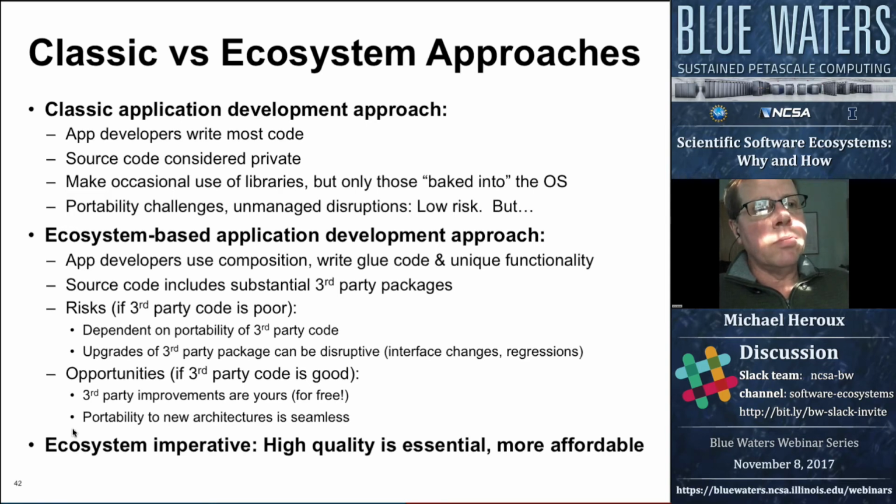And if we can do the reusable components in a very good, solid, and composable way, then this can really be an attractive approach and save everybody time and effort and provide really high quality functionality to everyone. In this case, the source code is often primarily in third-party packages, which is a big risk if this third-party code is poor. But it also can be an opportunity if the third-party code is good.